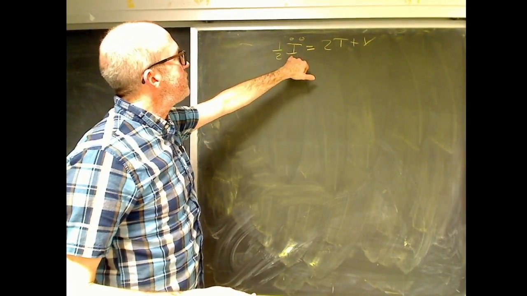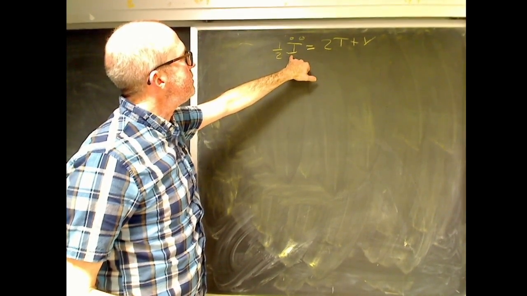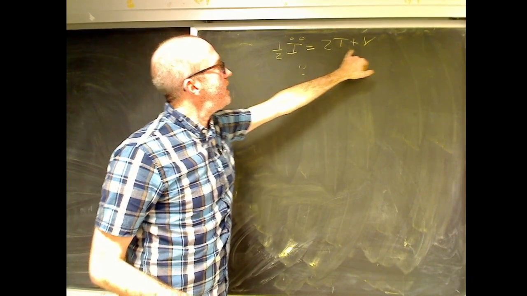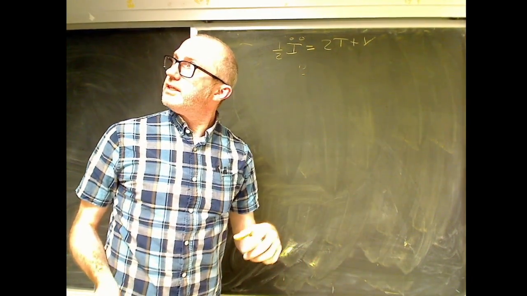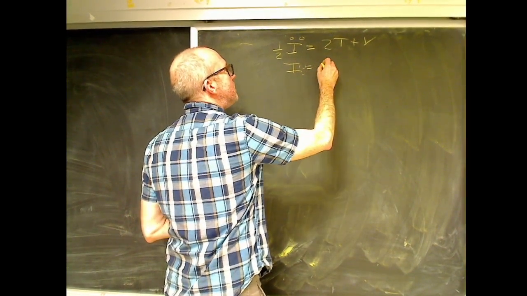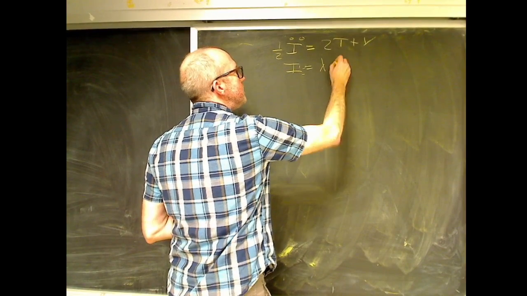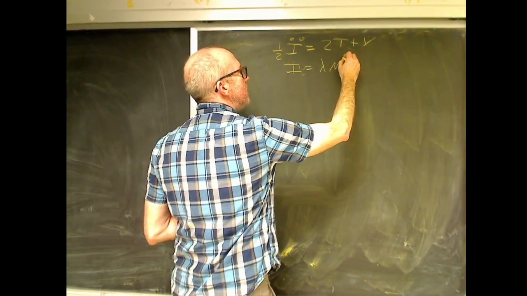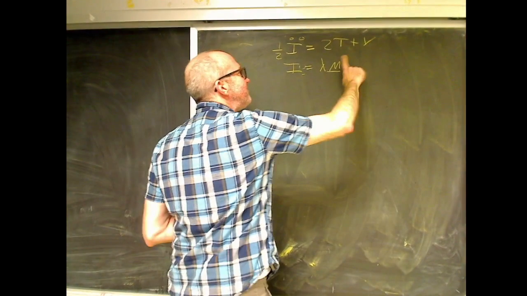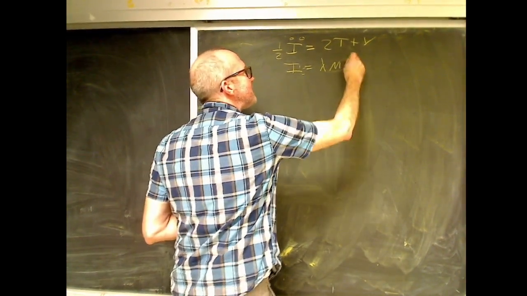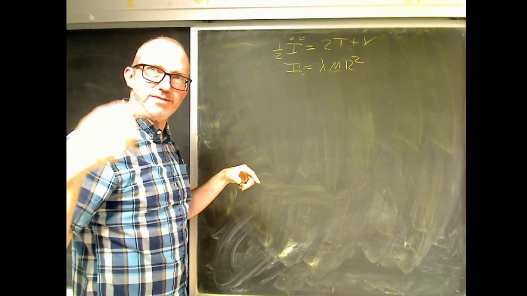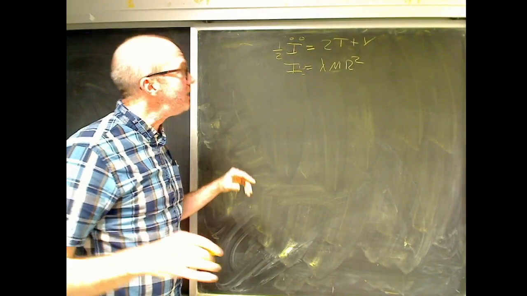So one half of the second derivative of the moment of inertia is twice the kinetic energy plus the potential energy. I know that I equals some number lambda times the mass squared divided by mass times r squared. The gravitational binding energy is m squared over r times another very similar number.